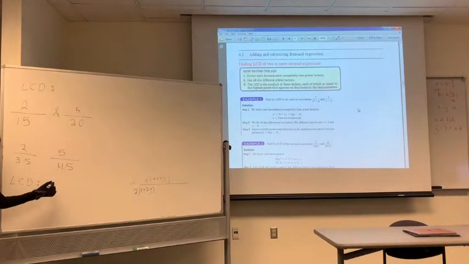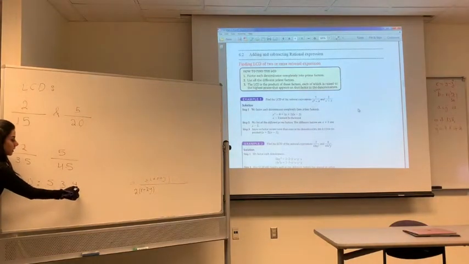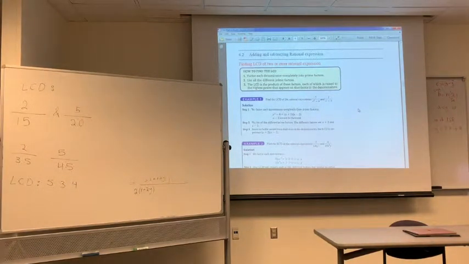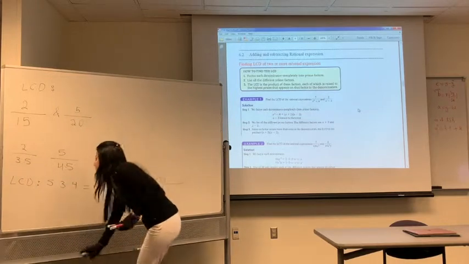Common is 5, correct? Uncommon is 3. Another uncommon is 4. This will be the lowest common denominator. Multiply all of them. 3 multiplied by 4 is 12, multiplied by 5 is 60. So the LCD will be 60.